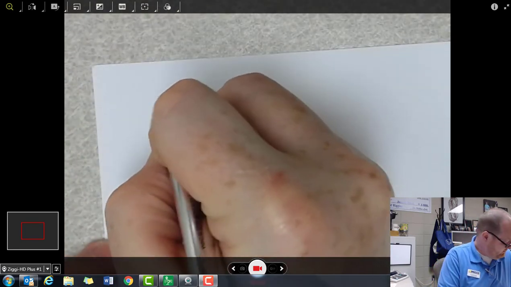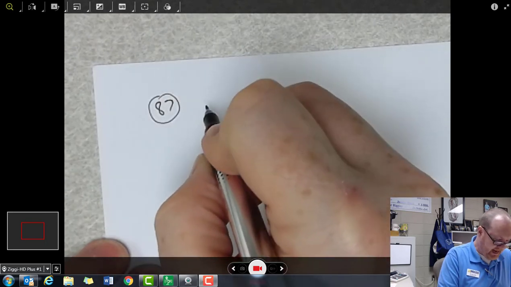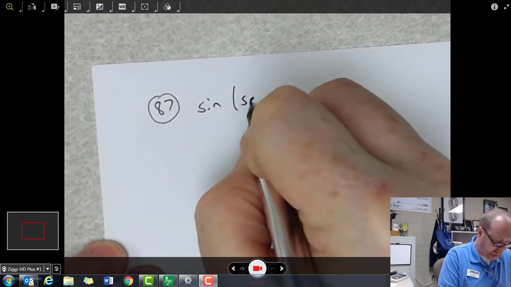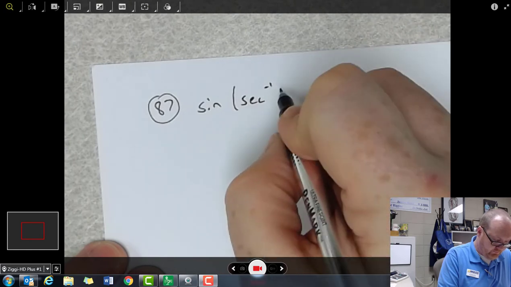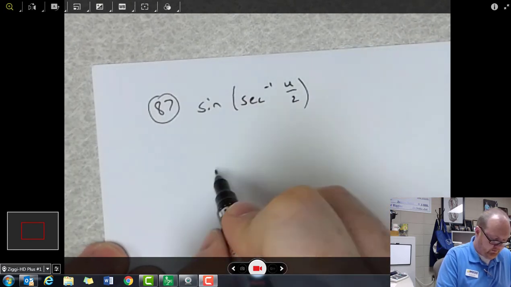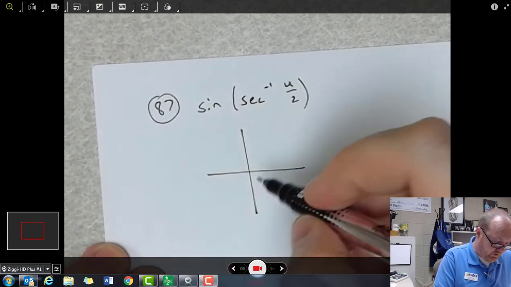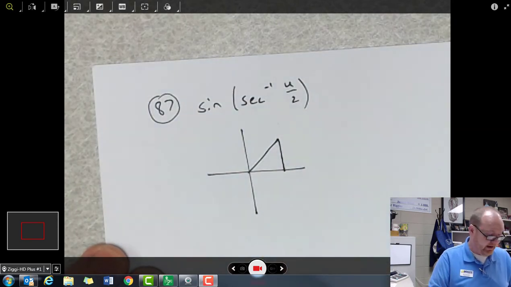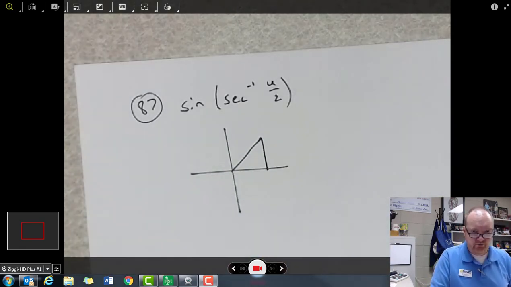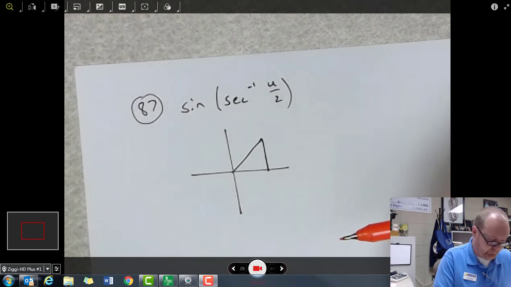And then the last one on that homework page was number 87, which is the sine of the inverse secant of u over 2. So again, the same sort of thing. We'll draw me a triangle, and let's see, secant is the reciprocal of the cosine function.